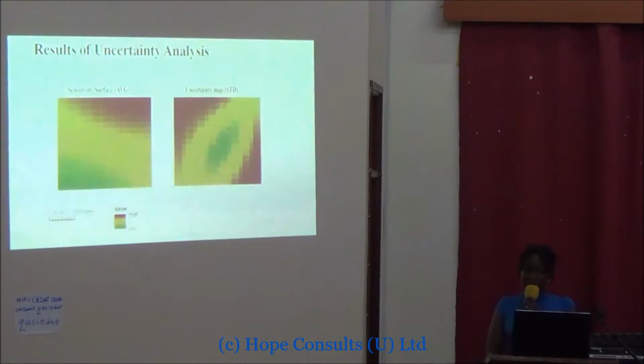And for uncertainty analysis, the result was a suitability map, an average suitability map, and an uncertainty map. And when I analyzed the two maps together, these red areas show highest suitability on the suitability map here, and then this red area shows highest uncertainty.